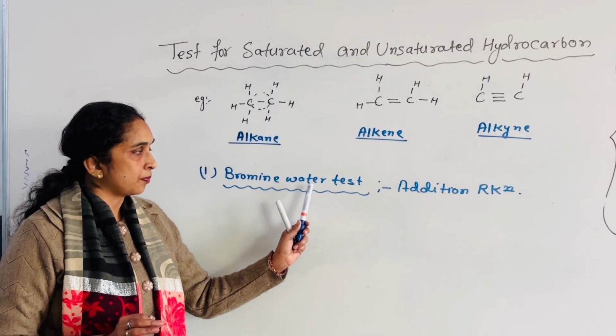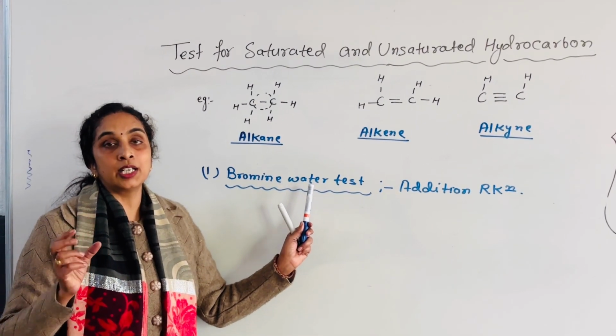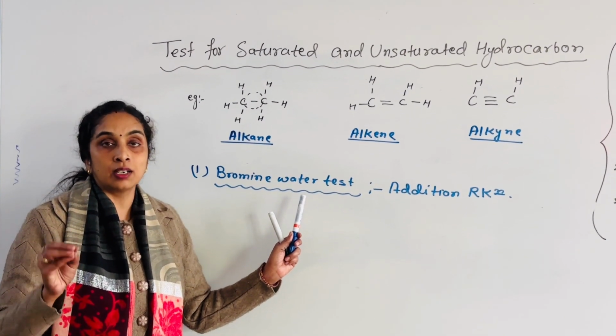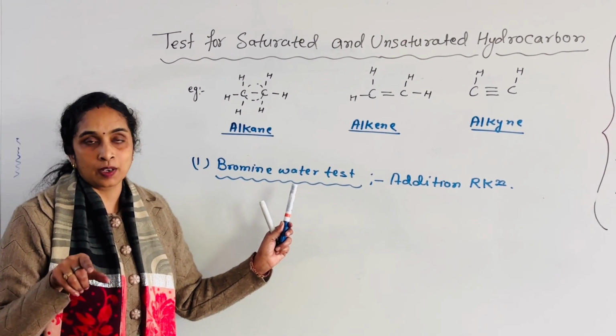Bromine water is a brown colored water in which bromine, which is a brown colored gas, is dissolved.